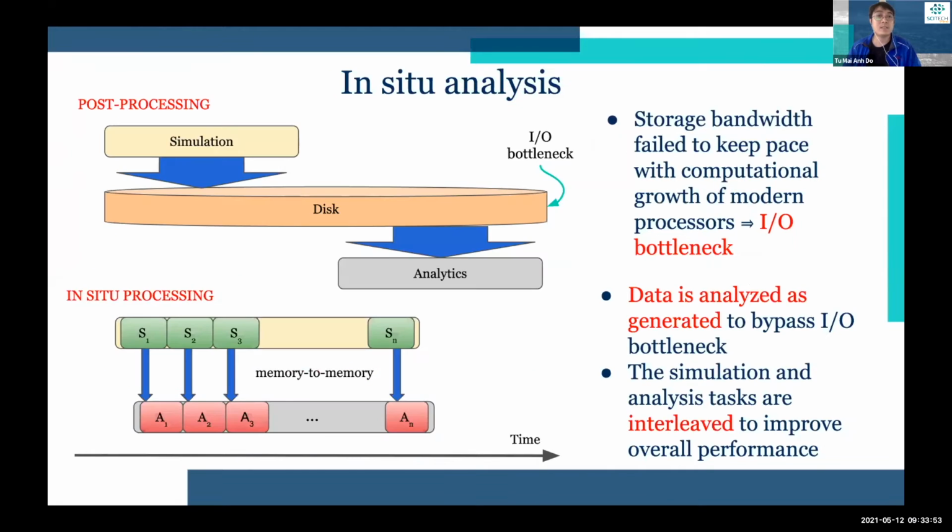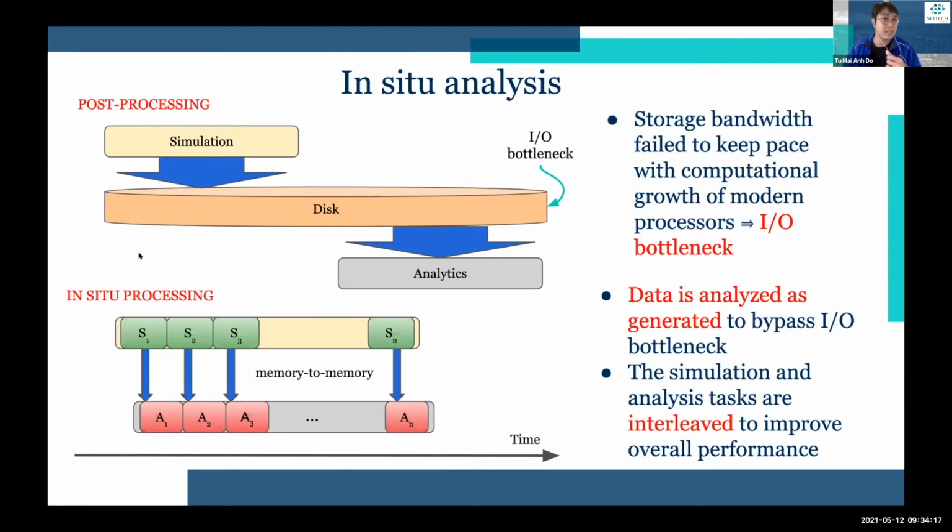Okay, so instead of post-processing data, where you have to save a large amount of data to the file system, an alternative processing paradigm has emerged that we call in situ processing. For in situ processing, the data is analyzed as it is generated by the simulation.